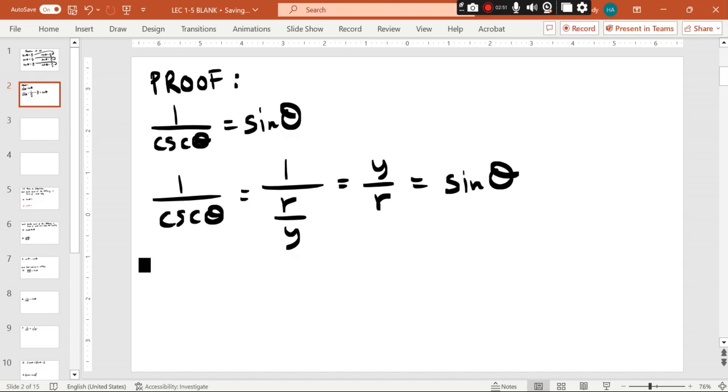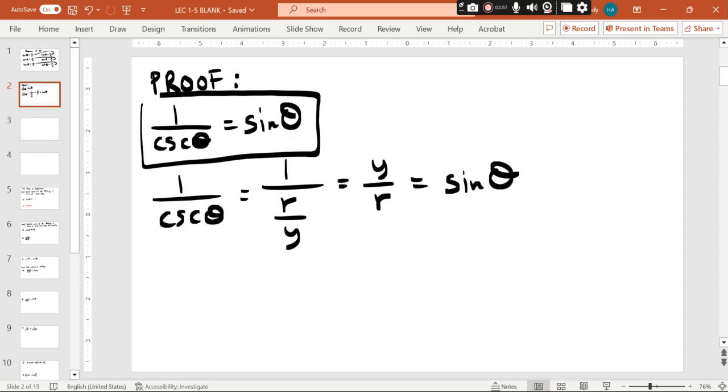Now we're going to connect as many as we possibly can. So there's one. And how about the other side of it? 1 over sine theta is equal to cosecant theta. So there are 2 right there.